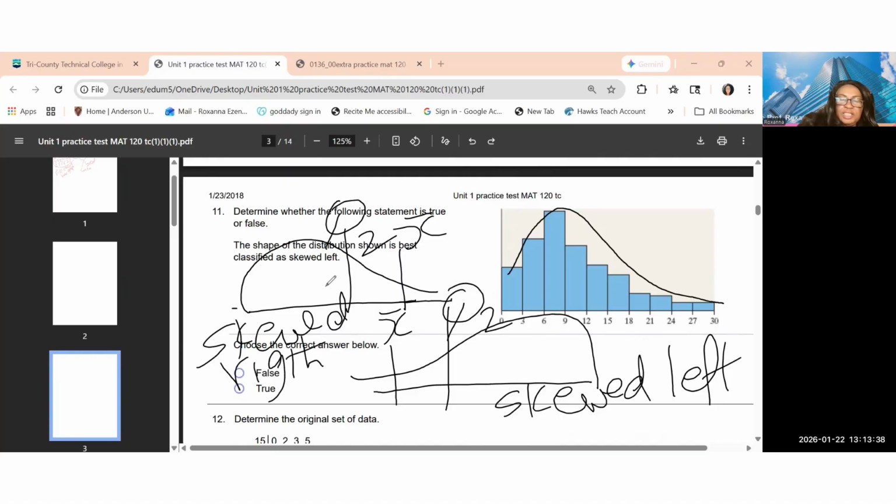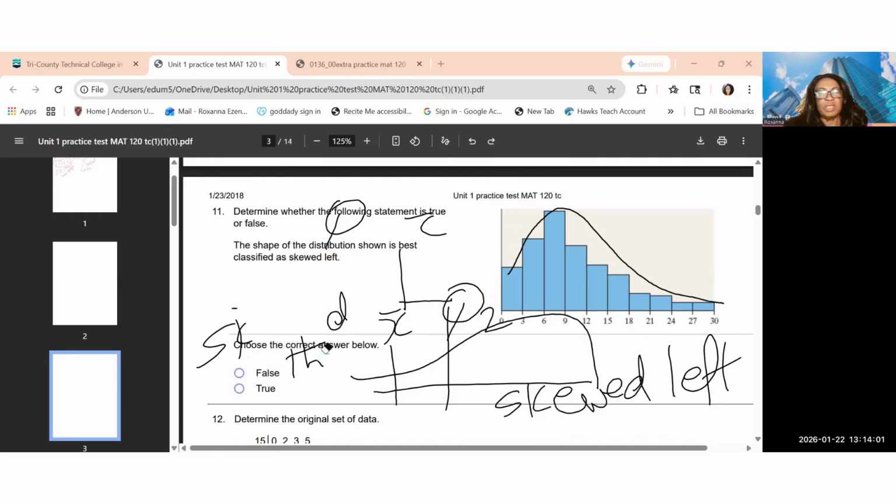A skewed right distribution can be called positively skewed. A skewed left distribution can be called negatively skewed. So a distribution can be skewed right or skewed left. If a distribution is not skewed, we say it is normally distributed. So a normal distribution is not skewed.